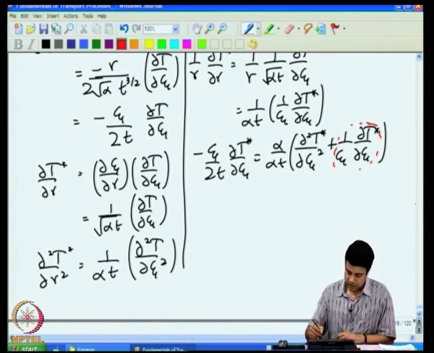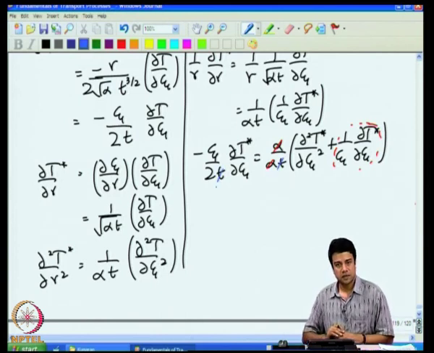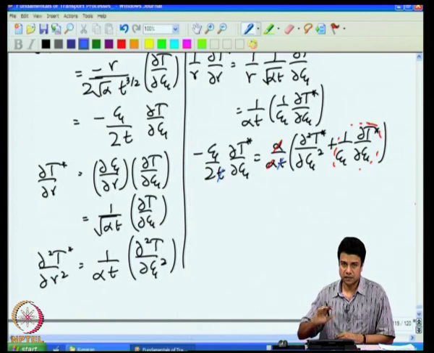And as you can see, this alpha cancels off and t cancels off on both sides. So, I am left with an equation which is only in terms of psi, which is the requirement if the similarity procedure has to work. If the similarity solution has to work, once I have changed the equation from r and t to the psi coordinate, I should end up with an equation which does not depend individually on r, t and alpha, but depends only upon psi.